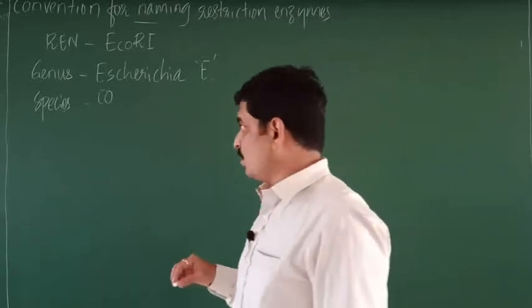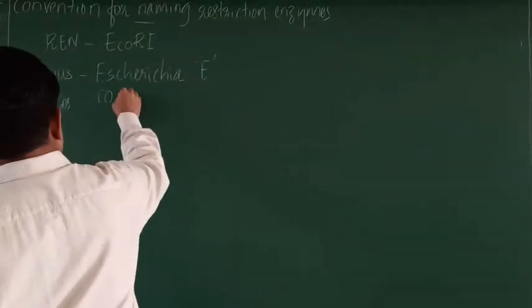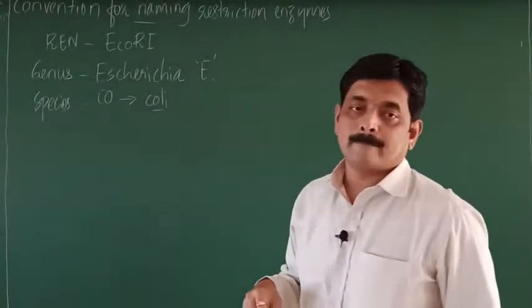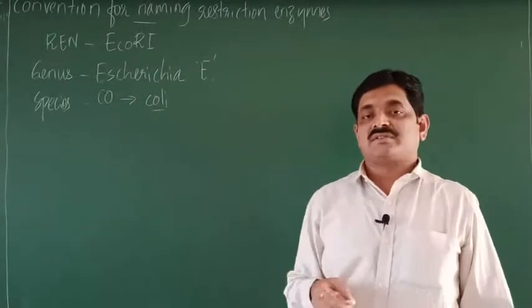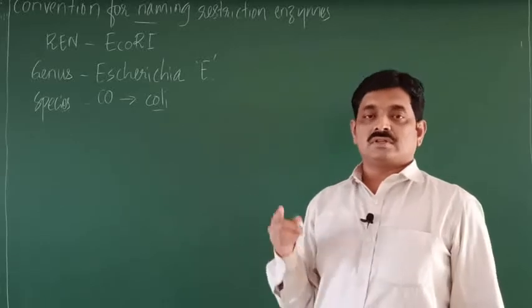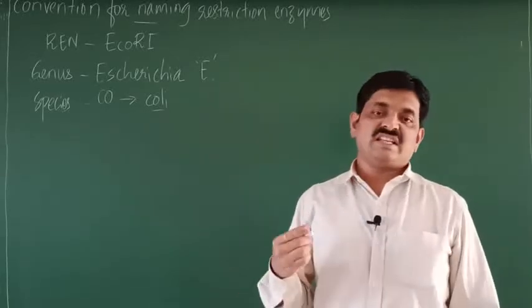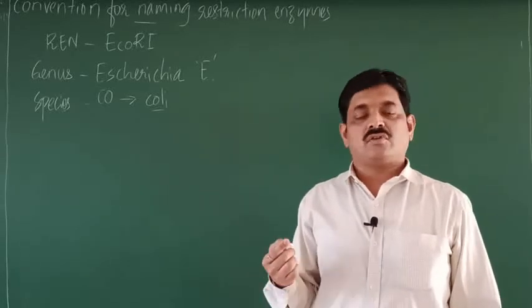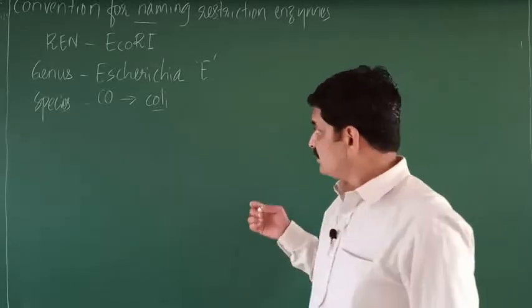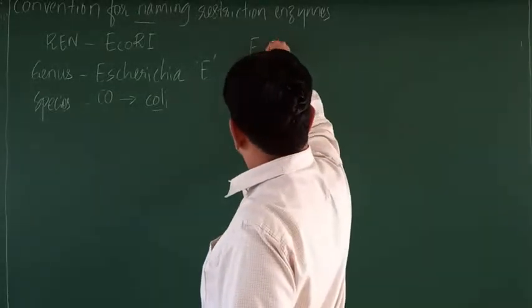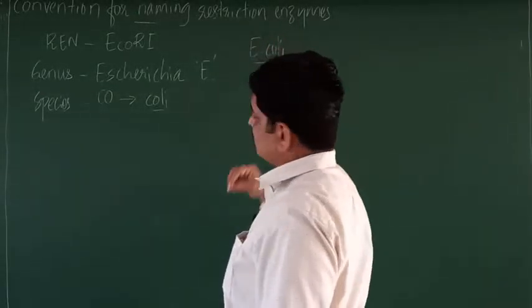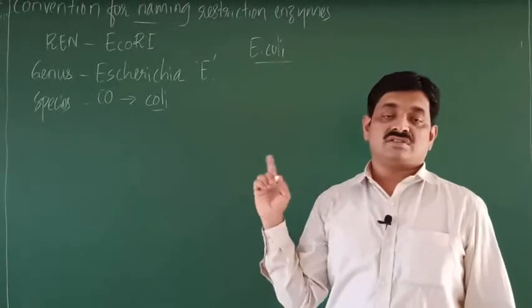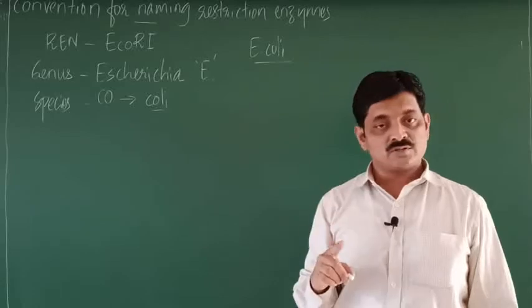Here CO stands for coli, right? CO stands for coli. So this enzyme EcoRI is obtained from a bacterium called, now which bacterium? It is obtained from a bacterium called E. coli, right? From E. coli bacterium this restriction enzyme is isolated.